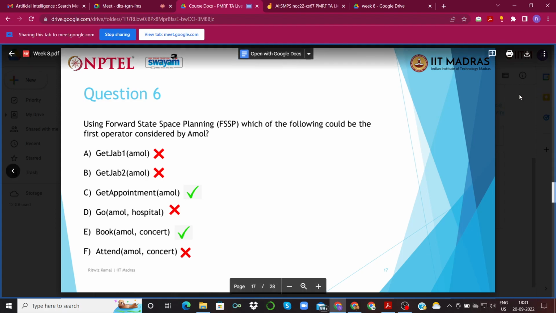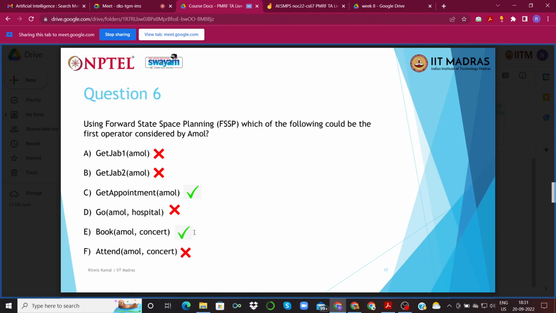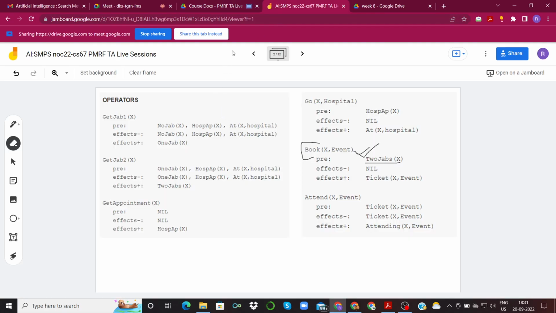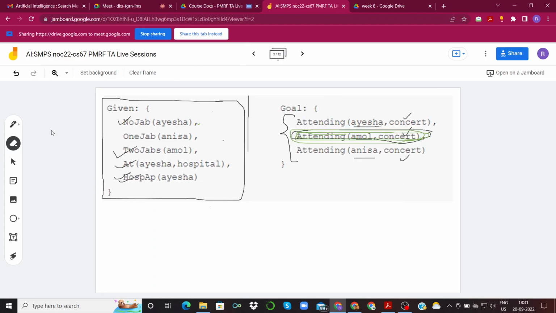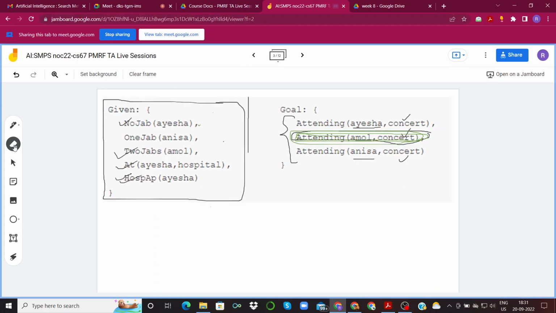Yeah, sure. So I'll just show the correct answer. Basically, book a mole concert is one of the possible options, and get appointment is one of the possible options. Let's see how we are arriving at this. Let me just remove all these.